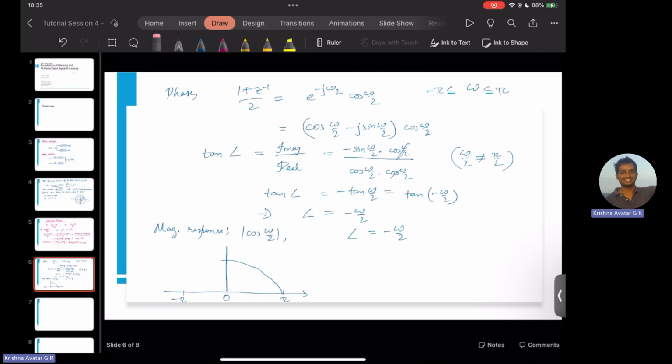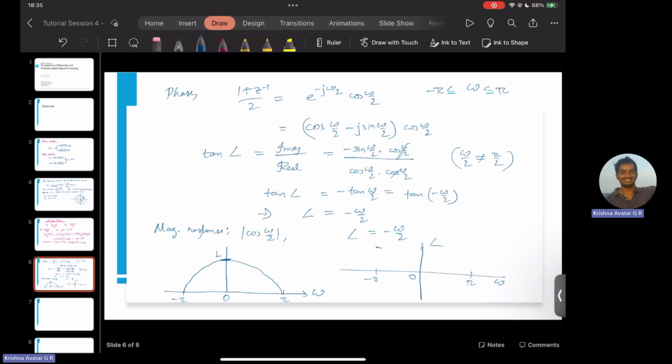So you have cosine of pi by 2 is 0, and similarly cosine of minus pi by 2 is also 0. So this is the maximum value, and this is essentially what you have here, cosine omega by 2, right? And the phase angle varies in this manner. You have pi, minus pi, 0, and when omega is equal to minus pi, then minus into minus gives us plus.